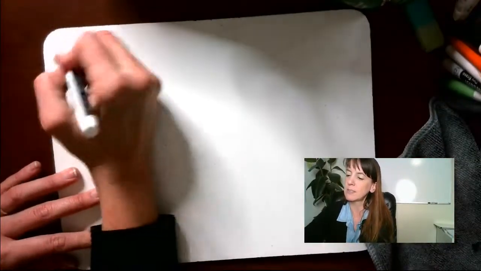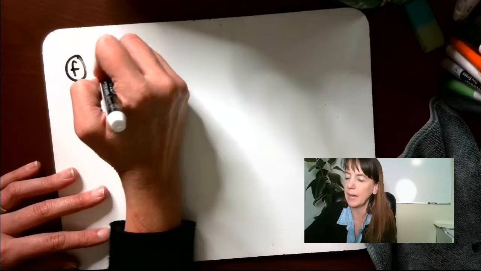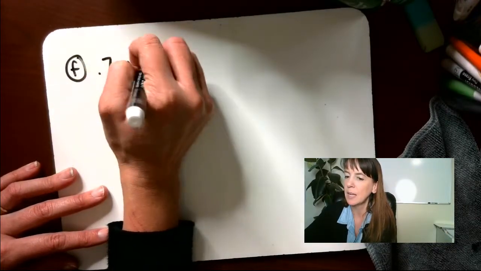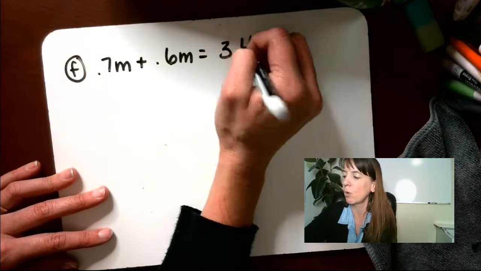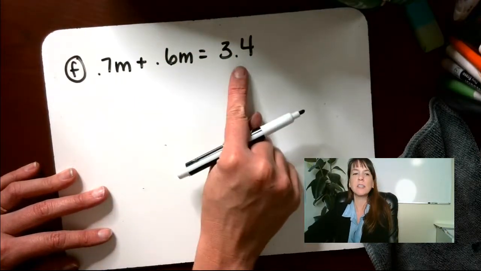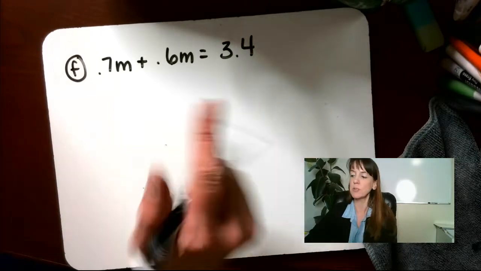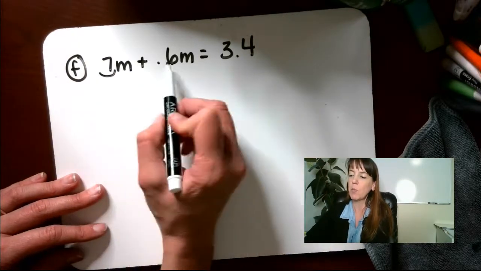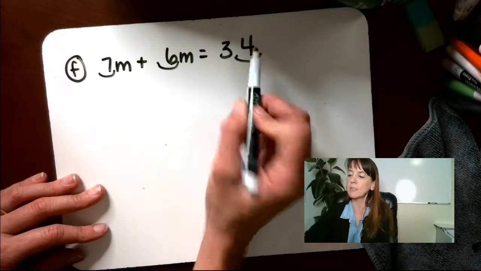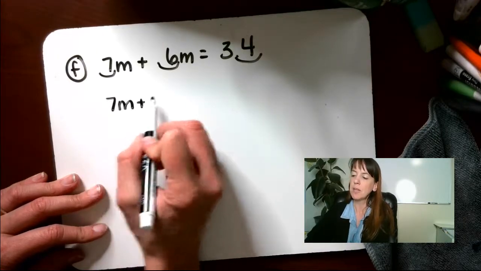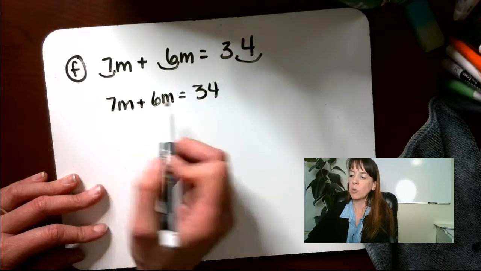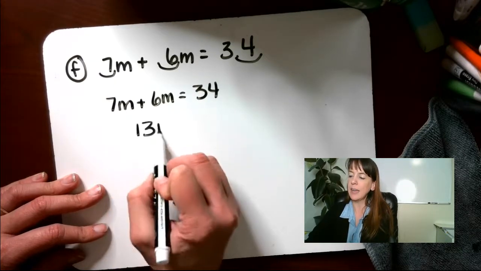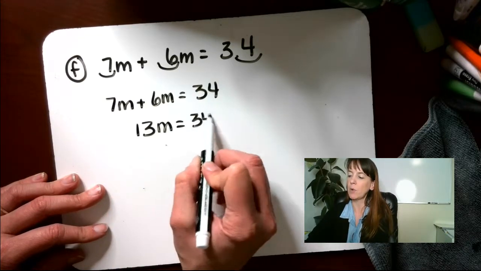Great patience. So for F, we have 0.7m plus 0.6m equals 3.4. So for each one of these chunks here, there's only one digit behind the decimal, so this is going to be fairly easy. Move it over once, move it over once, move it over once. 7m plus 6m equals 34. 7 and 7 is 14, so this is going to be 13m equals 34.